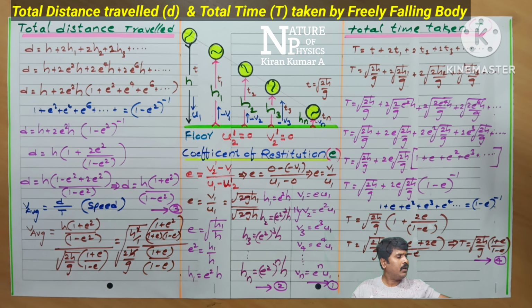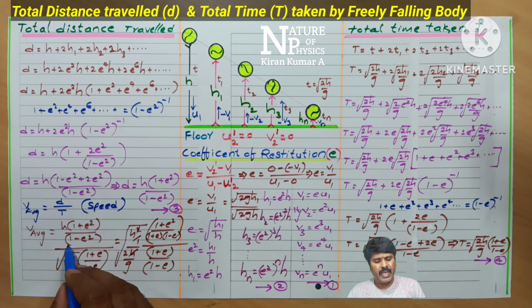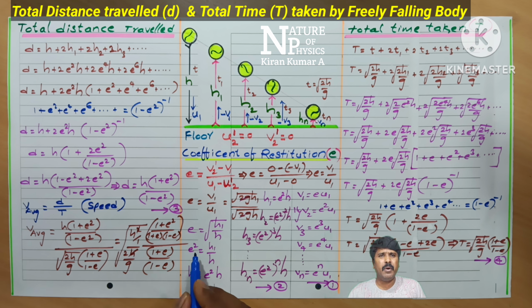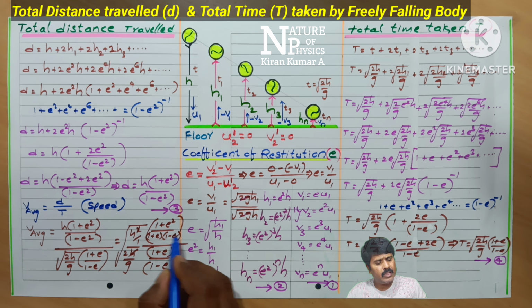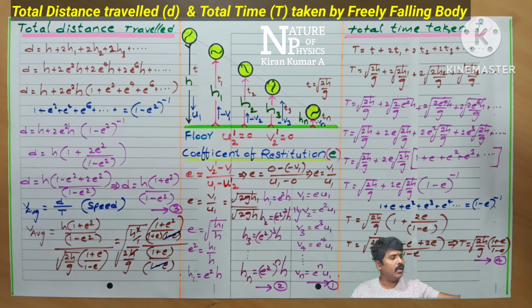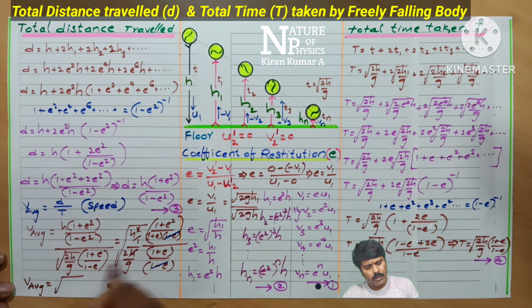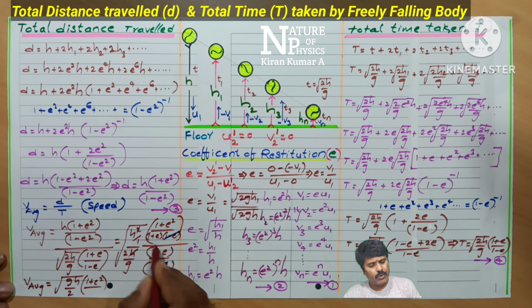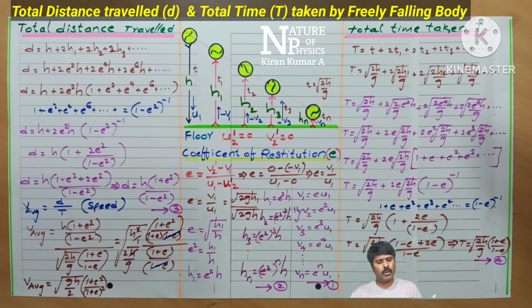Here a square minus b square is equal to a plus b into a minus b, I wrote. This minus value gets cancelled. Now I will get v average, which is equal to root over gh divided by 2, that is numerator 1 plus e square, denominator 1 plus e into 1 plus e whole square, 1 plus e whole square.